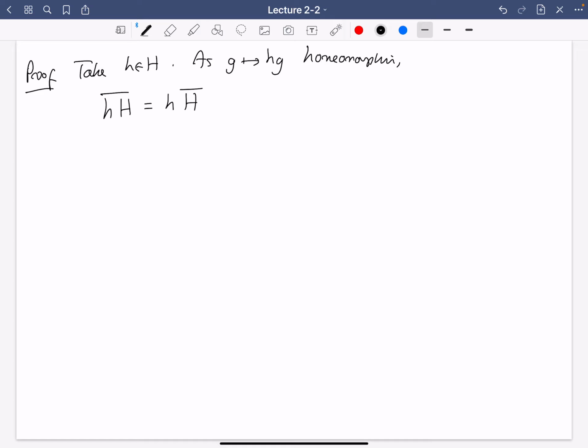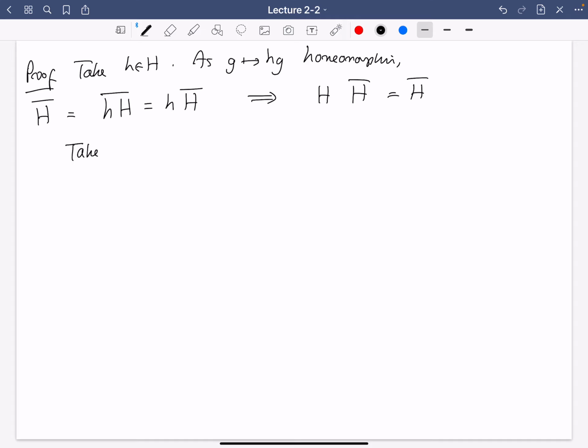Okay, so I can pull this outside taking closure because it's a homeomorphism. But of course, hH is just big H. So this shows that if I take H bar and I multiply on the left by h, that's just H bar again.